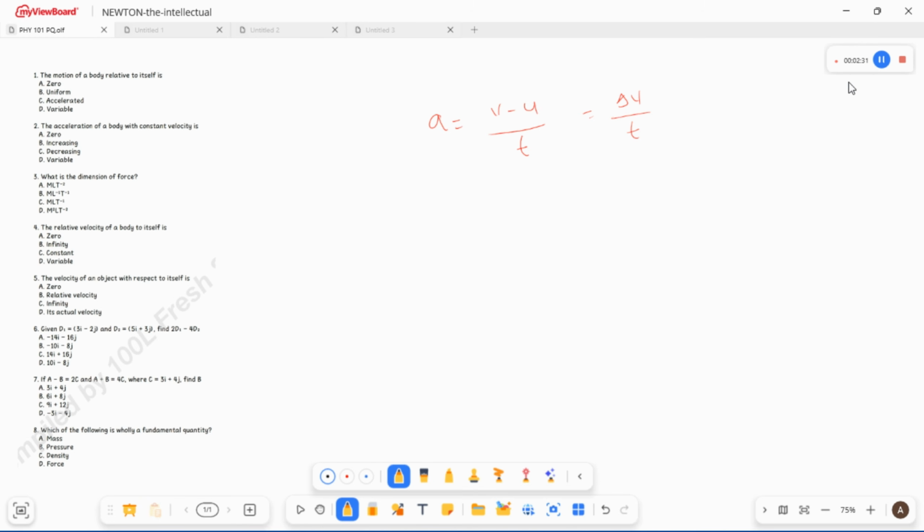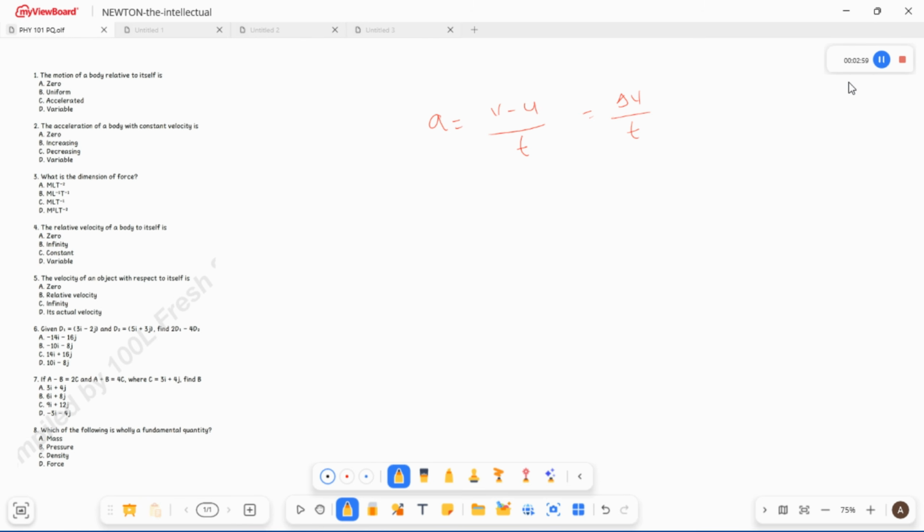If velocity is not changing, then there cannot be acceleration. When something is constant, it means that it is unchanging, it is stagnant. So the acceleration of that body is going to be zero because it has constant velocity. So that is for question two.